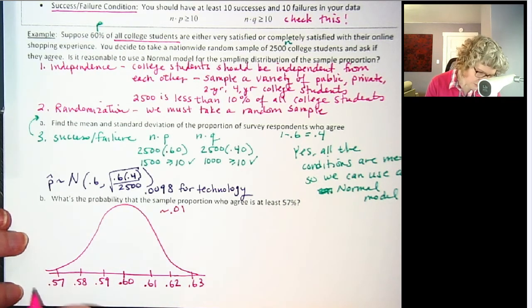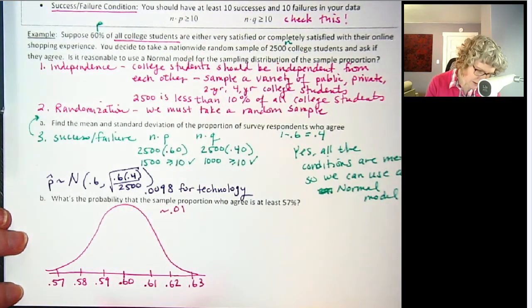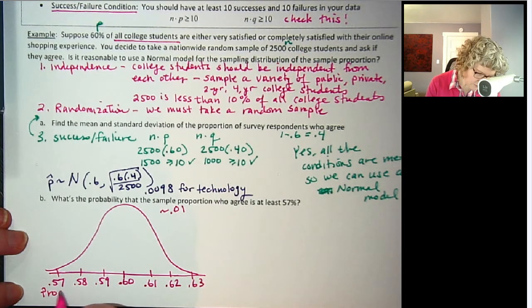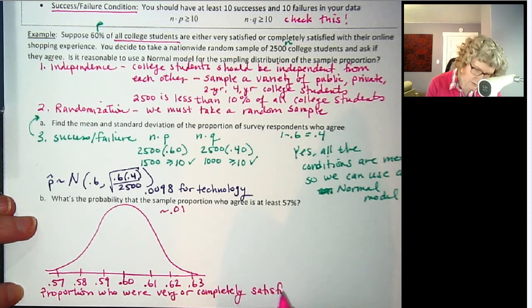This is the proportion who were very or completely satisfied in samples of 2,500.